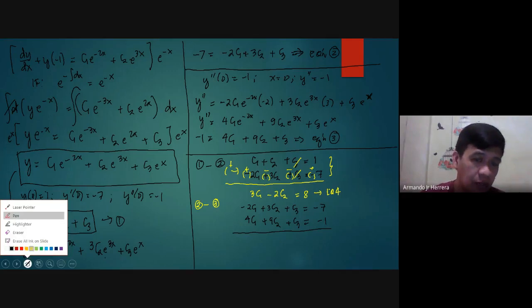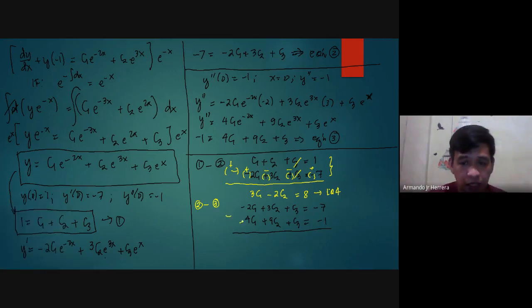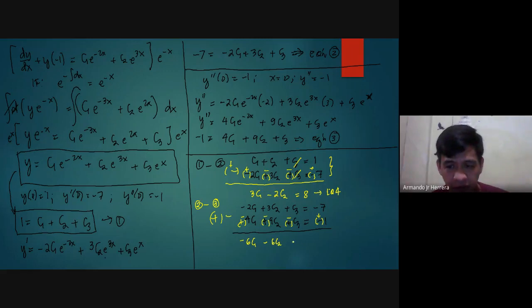When we subtract, change the sign, change the sign, change the sign, and proceed to that of addition. So this is negative 6c1 minus 6c2 equals negative 6. That will be our equation 4. So dividing it all by 6, that is c1 plus c2 is equal to 1.